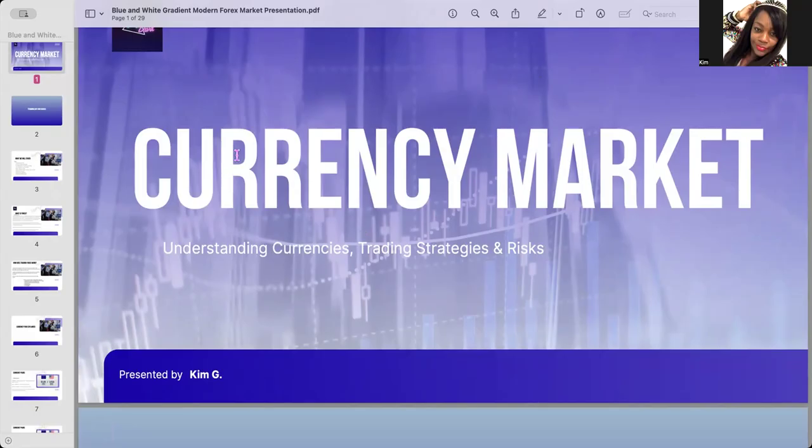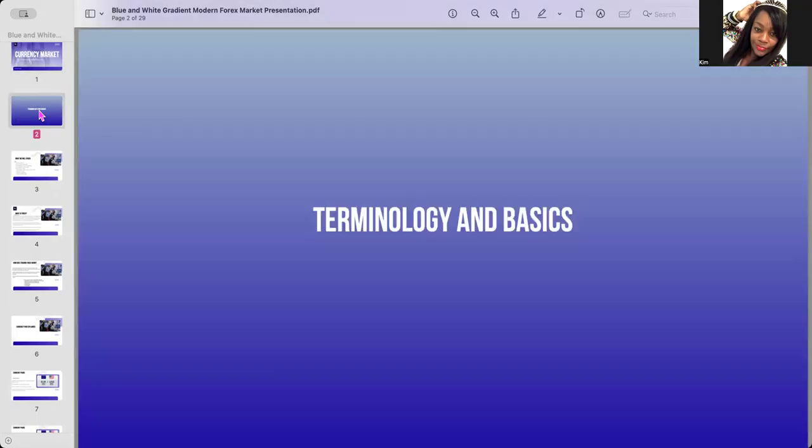So we're going to start from the beginning, as if you're a beginner trader and you know nothing about trading. We currently have a group that is going through this session right now, so that's how I'm going to start. First, we're going to talk about terminology and the basics.